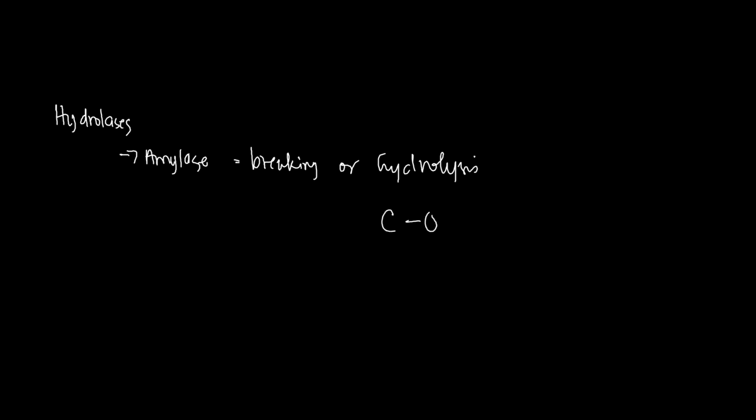Usapin natin, hydrolase. The example of which is your amylase. Anong ginagawa ni amylase? Amylase is important or involved in the cleavage of carbon-oxygen bonds. Okay? Amylase is important in the breaking, or what we call hydrolysis, of carbon-oxygen bond.